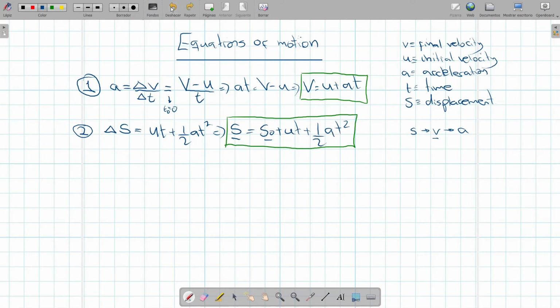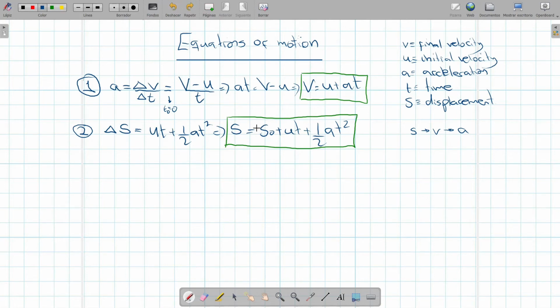So if we follow this method, the variable that we're measuring equals the same variable with the initial value, and then the next variable with the t. Okay, that's a way to remember those equations of motion.